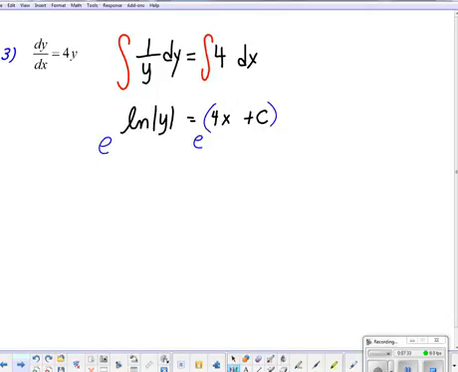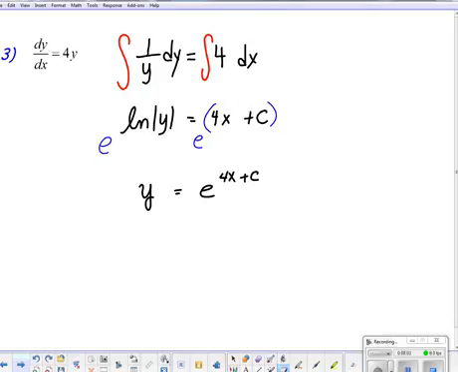And e to the natural log of y will be just absolute value y. And since I have e to the power of something on the right, I know that this is going to be an always positive result because e raised to any power will be positive, and so I can remove my absolute value signs at this stage.